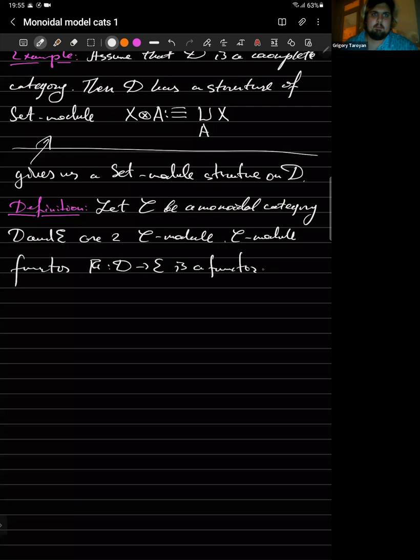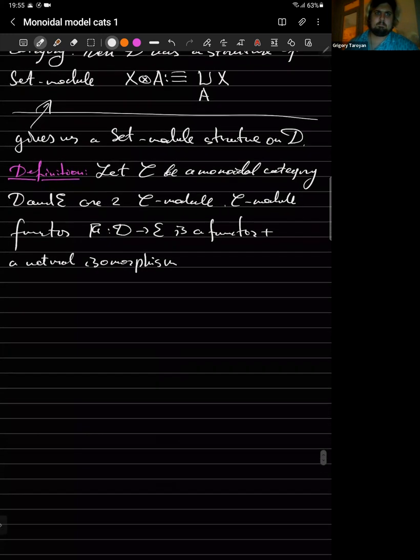is a functor plus a natural isomorphism, which says that the functor should commute with the action.